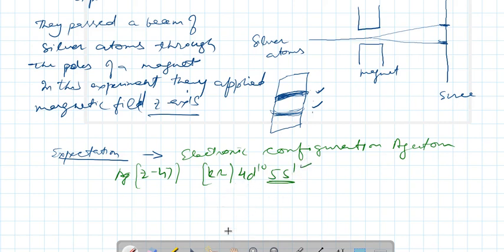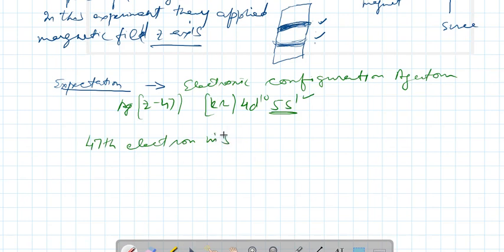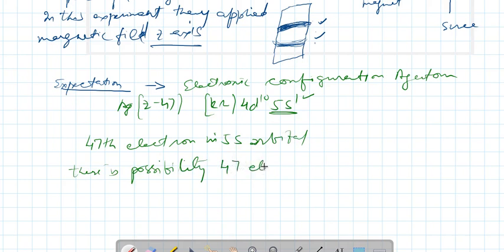So let us try to look at. There are two possibilities: whether this 47th electron is in 5s orbital, or there is a possibility this 47th electron may be in 5p orbital or the 5p state, right?